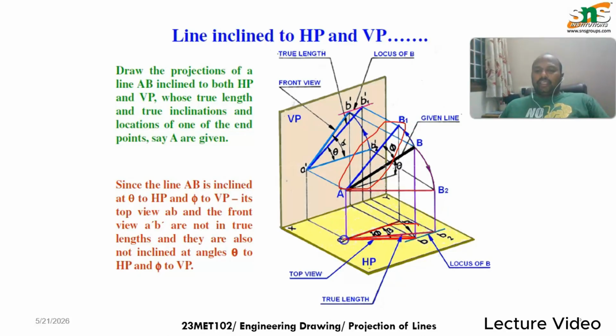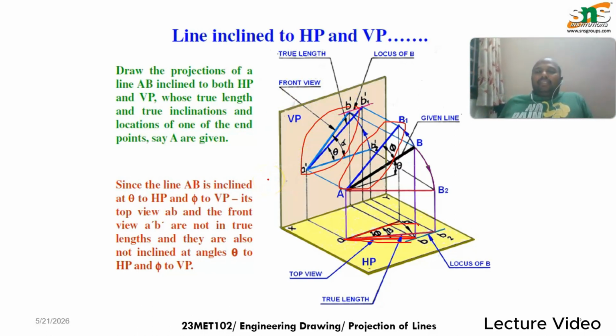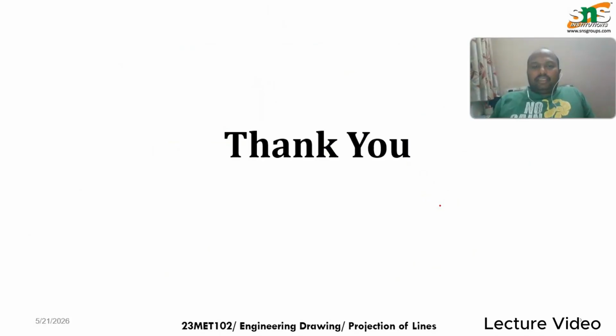In the same way, here you can see the front view length. These front view and top view lengths are the apparent lengths. As I already said, the apparent lengths help us to view the front and top view of the line in an inclined manner.